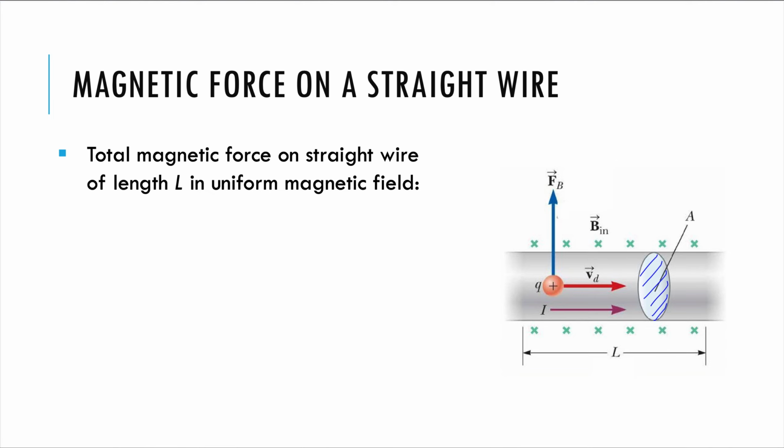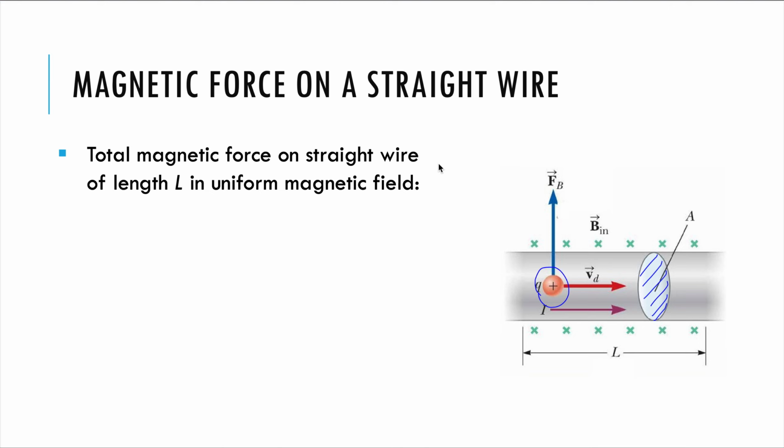The first thing that we want to do is look at the force on a current-carrying wire. The derivation comes from looking at the force on a moving charge. So let's take one moving charge here with a drift velocity v sub d and look at the force on that moving charge.